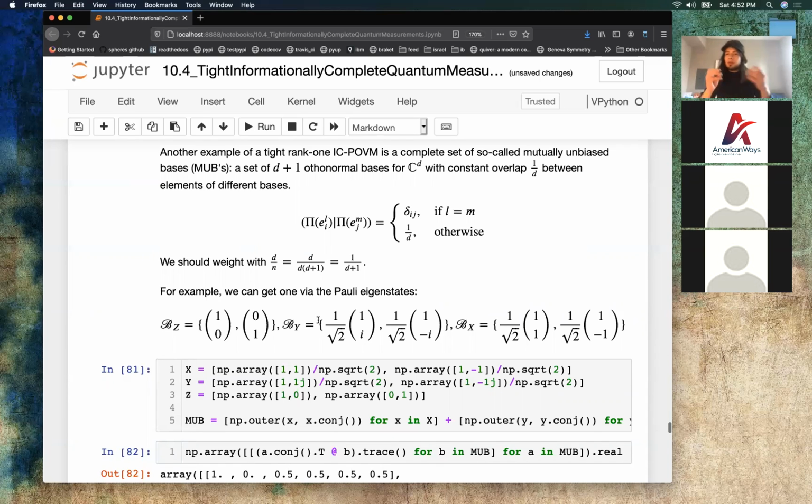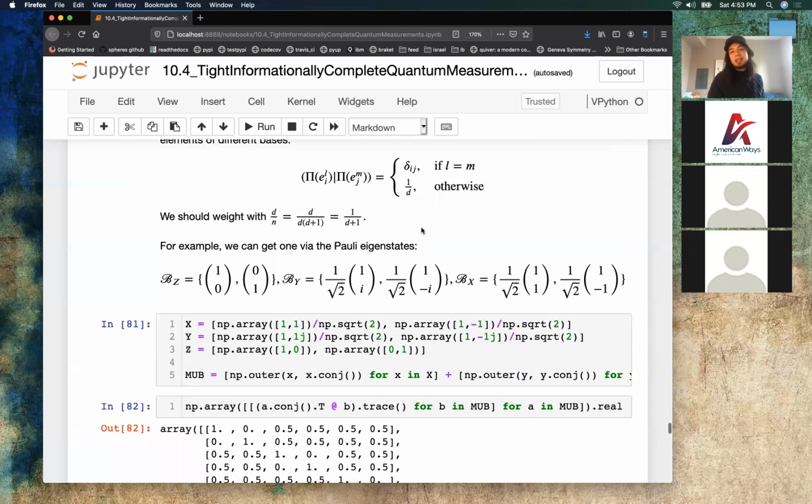And actually, there is a very simple example that makes a lot of intuitive sense. Another example of a tight rank 1 informationally complete POVM is a set of so-called mutually unbiased bases, or MUBs. So they're a set of d+1 orthonormal bases with constant overlap 1/d between elements of different bases.